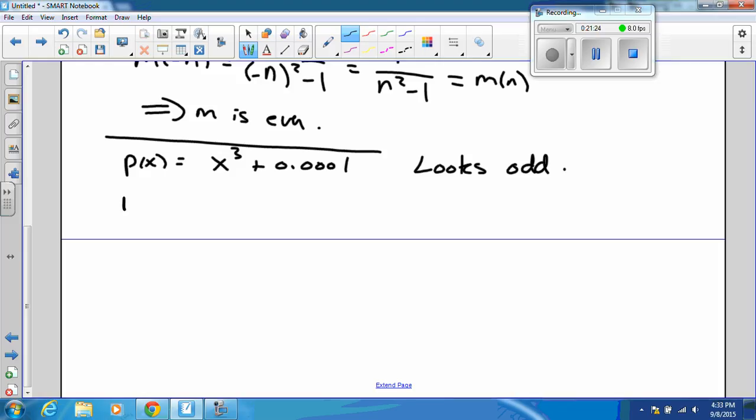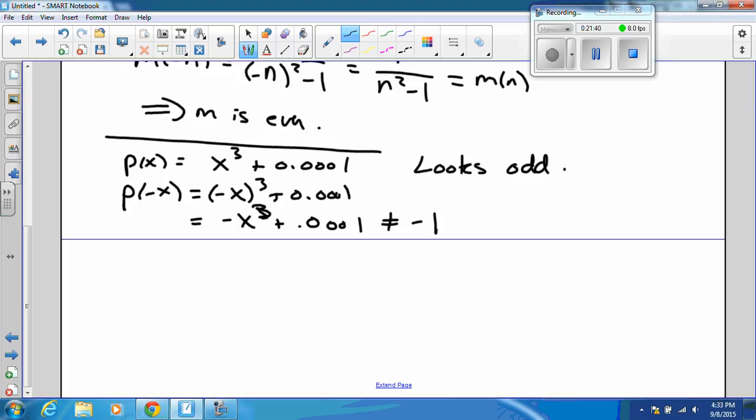However, if you actually do the negative x test, you can see that this does not equal negative p of x, which is equal to negative x cubed minus 0.0001. So this looks odd, but is not. Graphs can lie to you.